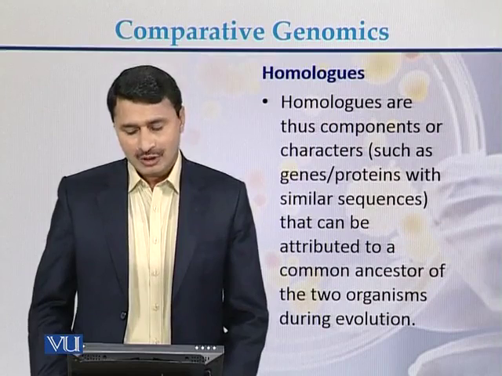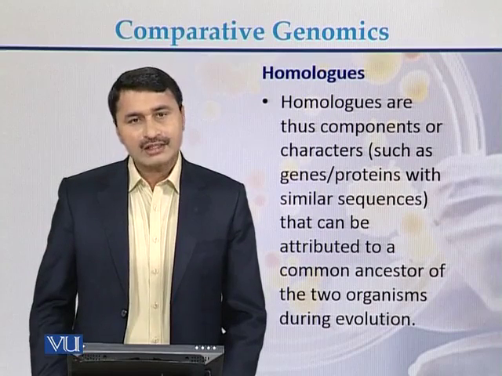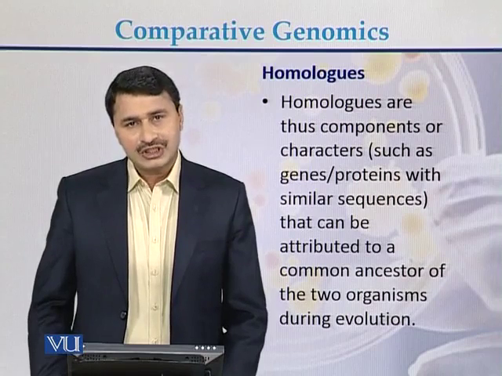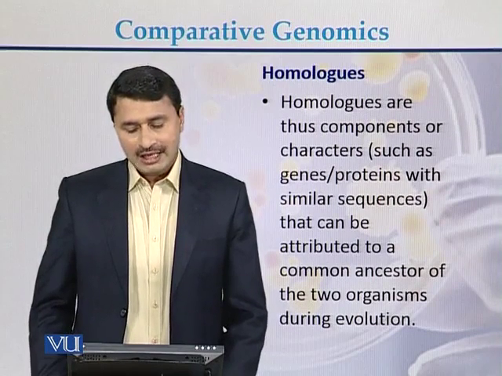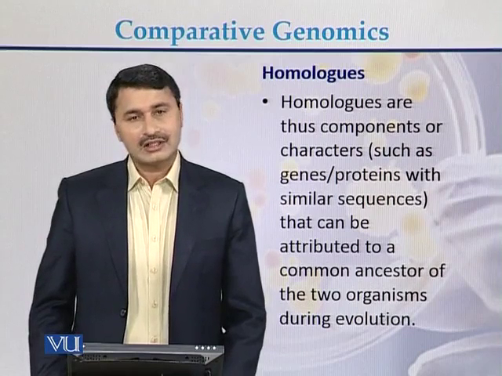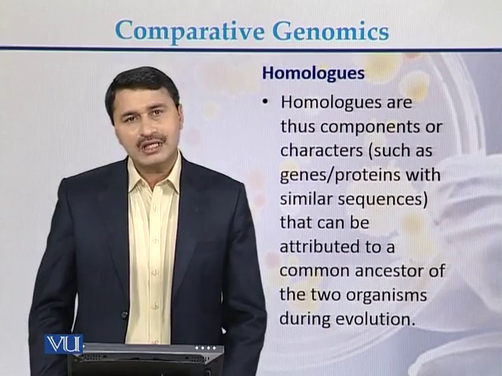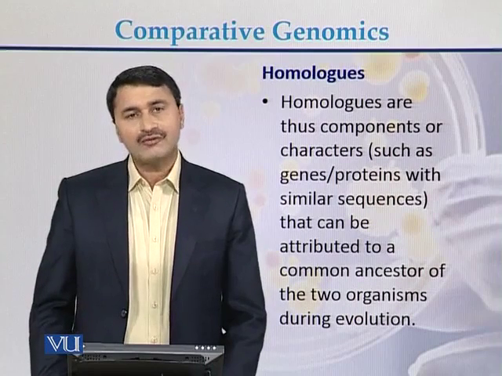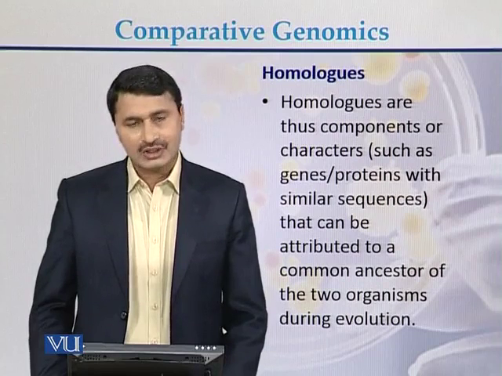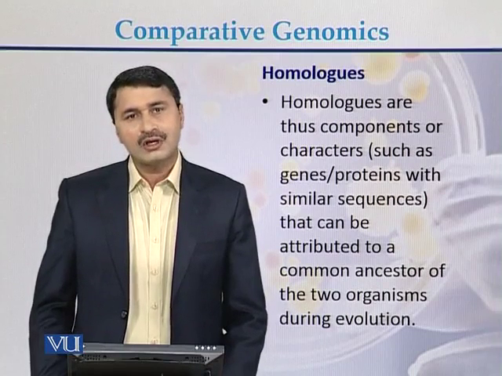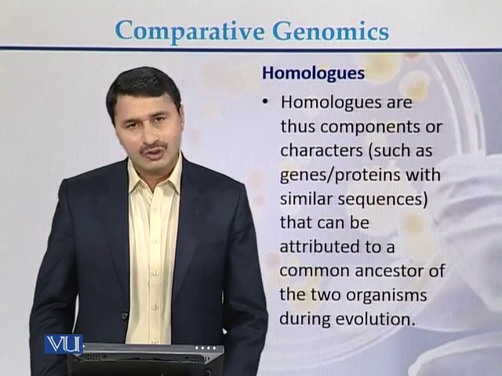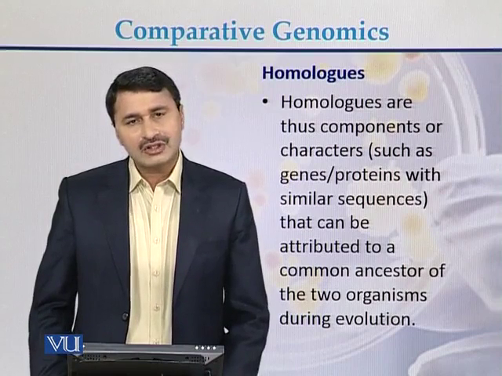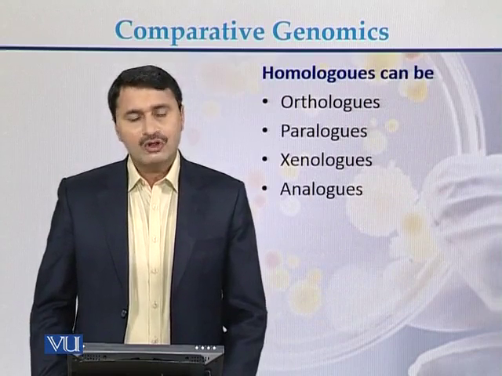So what are homologues? Homologues are components or characters, which can be genes or proteins, that can be attributed to a common ancestor of two organisms. If two characters in the form of genes or proteins can be attributed to a common ancestor and have evolved in two different organisms through the process of evolution, they are called homologues.